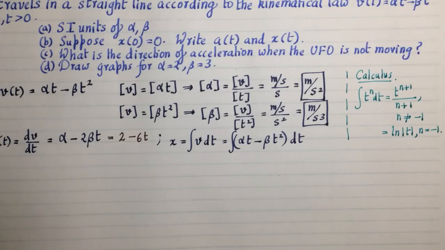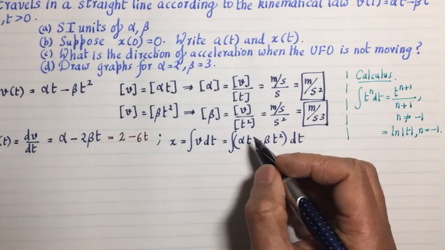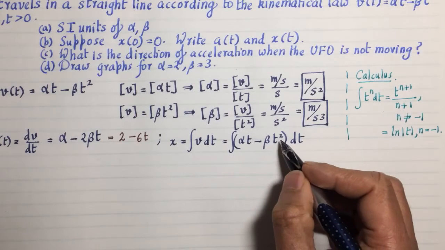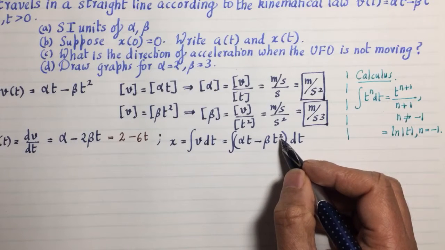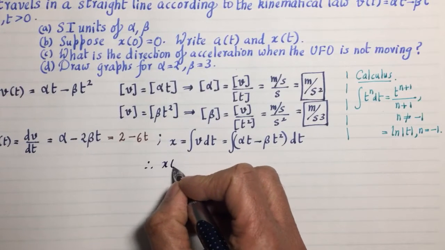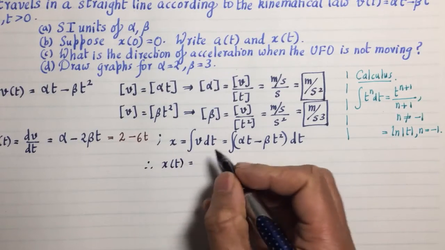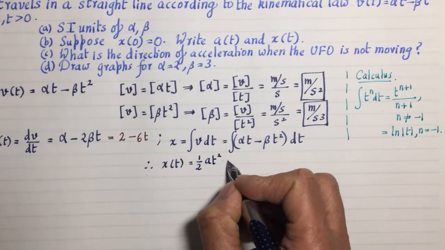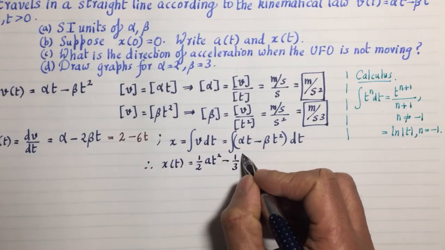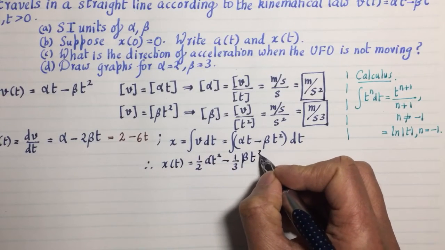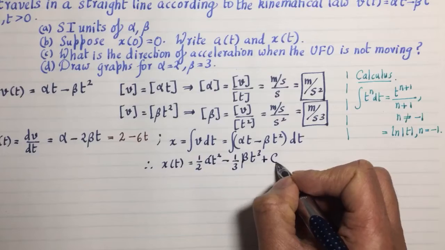Let's use that. So in this case, n is equal to 1, so I'm going to get t squared over 2, and here I'm going to get t cubed over 3. So x as a function of time is going to be 1/2 alpha t squared minus 1/3 beta t cubed plus some constant c.